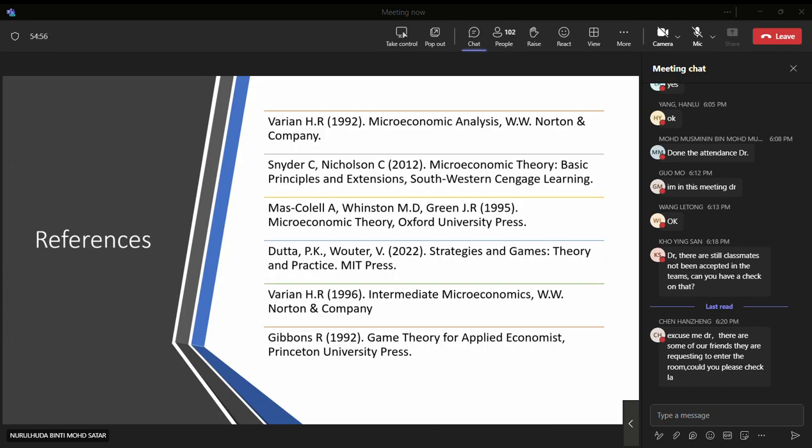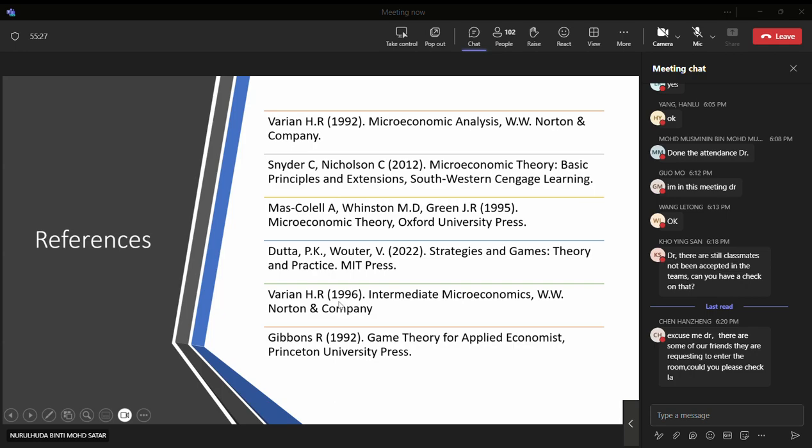And these are some of the books that you can refer to. Most of the time, I think you can refer to Snyder and Nicholson, Microeconomic Theory: Basics and Extensions. And some other books are nice to read as additional information.